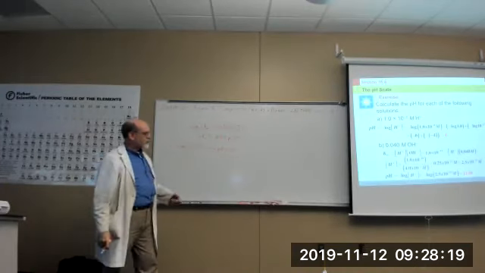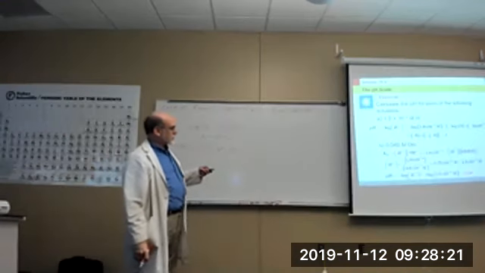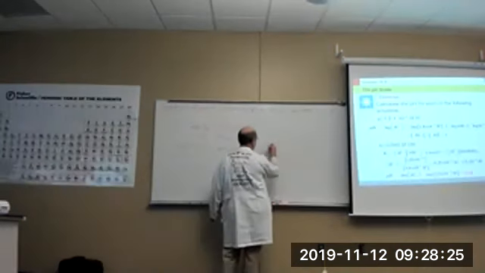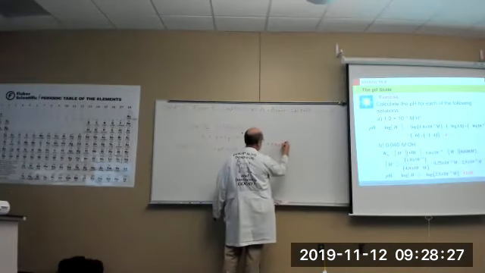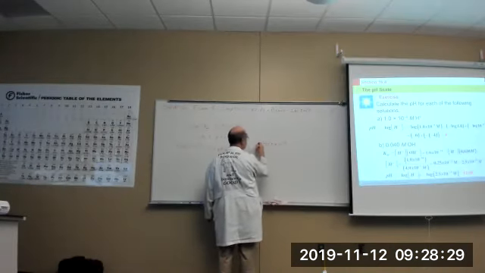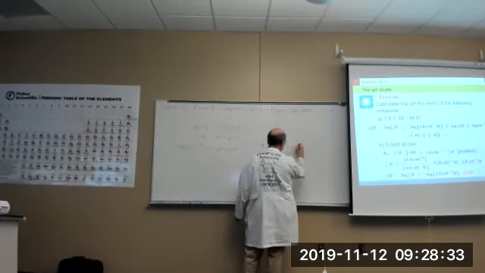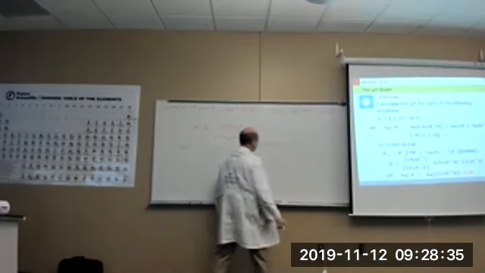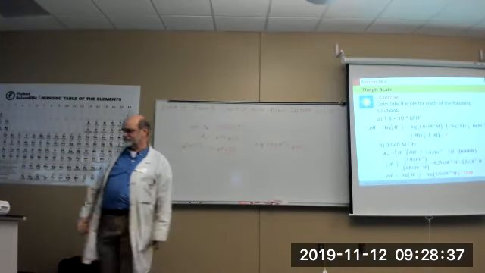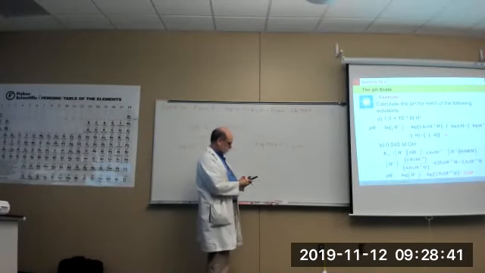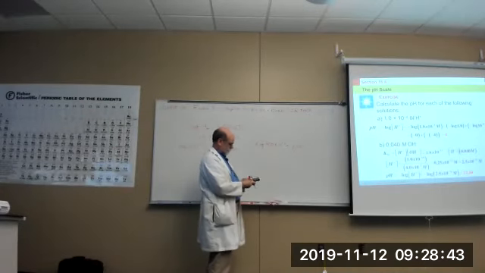So this other problem, what we could have done was we take 4 times 10 to the minus 2 and take the negative log of that one. That would give us pOH, right? So if we do that, 4 exponent minus 2, change the sign, and then take the log.